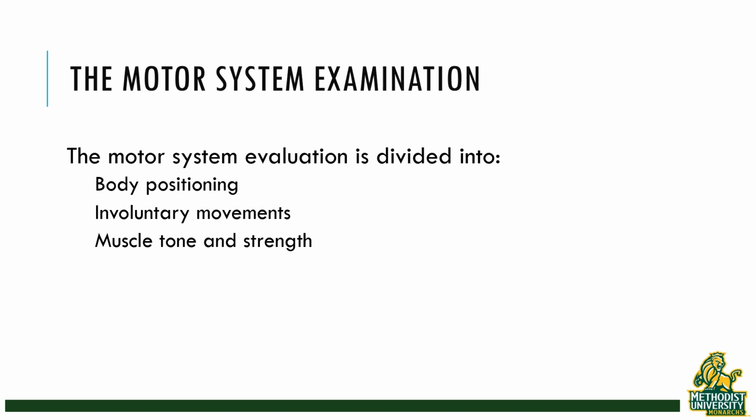The motor system evaluation, part of it is just observation. You're paying attention to how the patient positions themselves, to whether or not they have obvious involuntary muscle movements, but then we check muscle tone and strength.